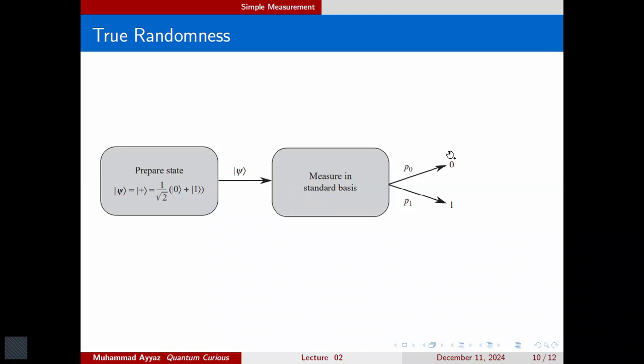As there is an equal chance of getting 0 and 1 by measuring in the standard basis, we get true random numbers. This random number is quite useful in many physical processes, and it is also the basis of our cryptographic QKD protocols.